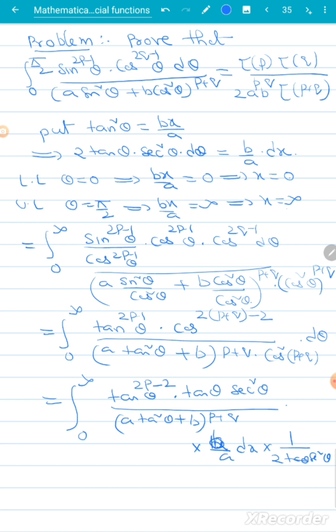So tan theta secant square theta cancels. Total this is equal to b by 2a, integration 0 to infinity, tan to the power of 2p minus 2 d theta by a tan square theta plus b to the power of p plus q.